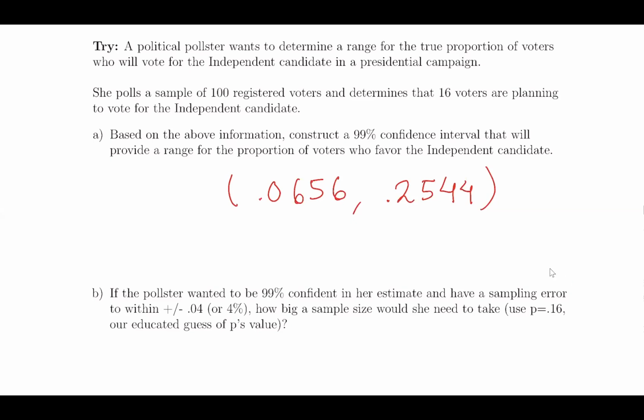Well, if you go to your calculator, if you go to class calc, it only wants n, x, and your confidence level. So technically you don't really have to divide it, because for n you put 100, for x you put 60, and then for confidence level you put 0.99. So you don't really have to do the 16 divided by 100.